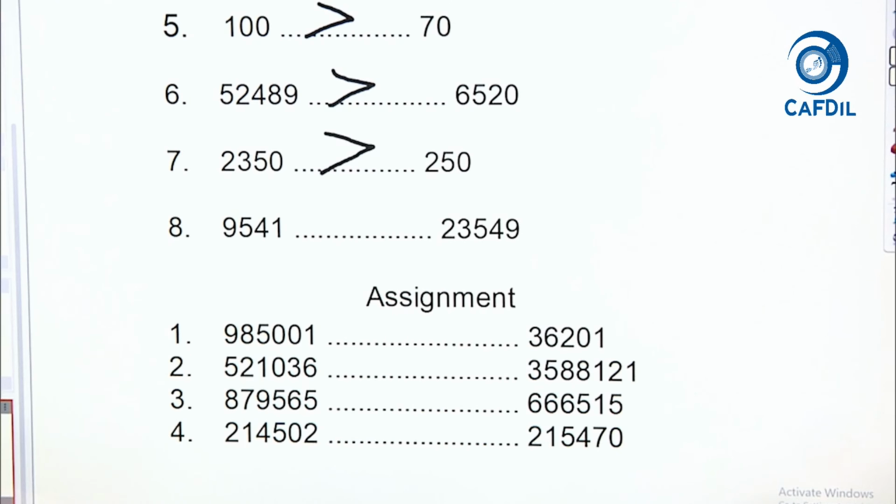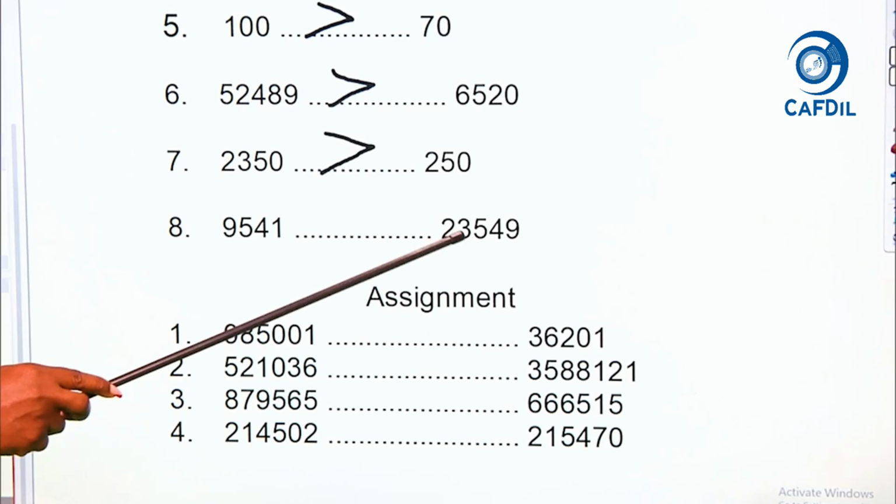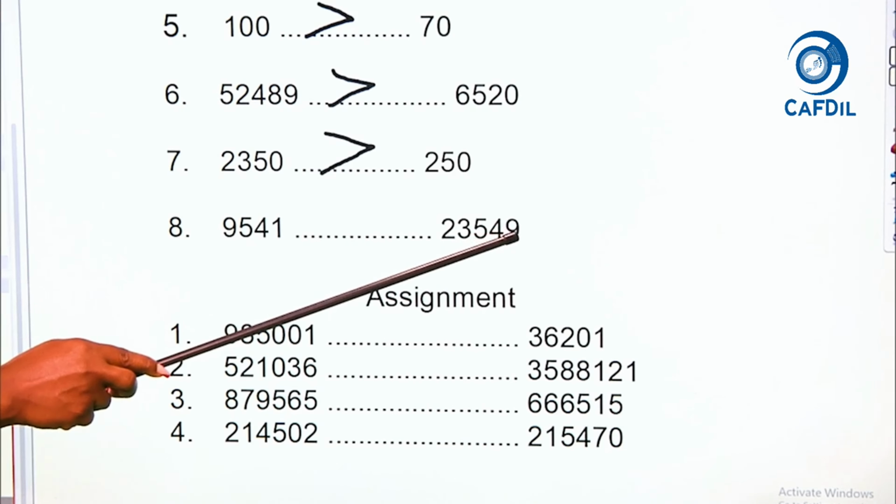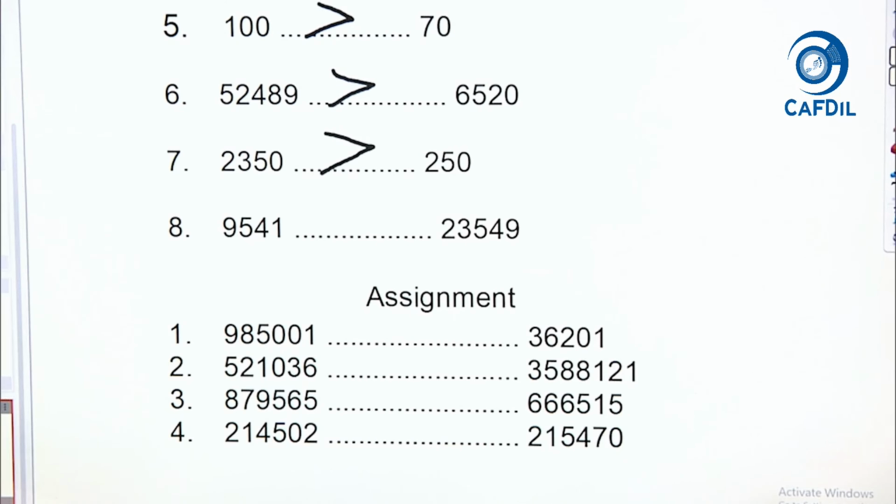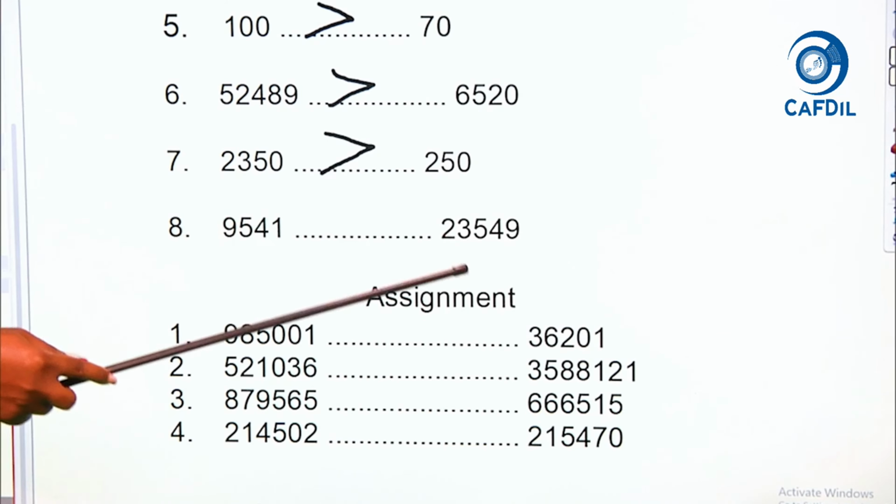Just as I said, we count the number of digits for both numbers. The first number, let's count the digits. 1, 2, 3, 4. This has 4 digits. What about the second number? 1, 2, 3, 4, 5. 4 digits and then 5 digits. Yes, 5 is greater than 4. But when we are reading, we read from left to right.